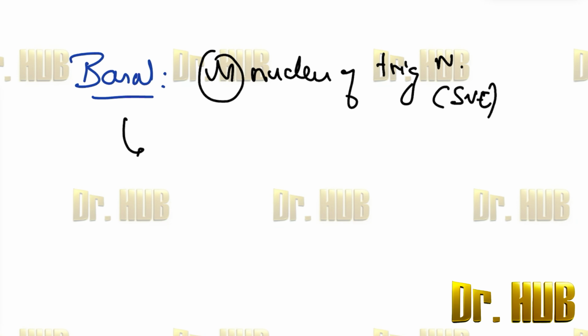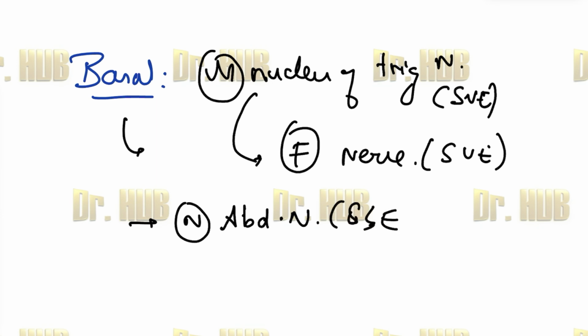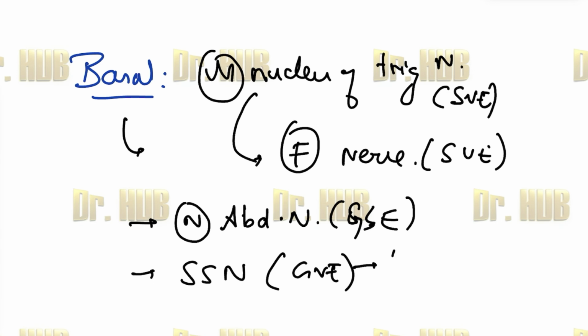Next, it also includes the motor nucleus of the facial nerve, the nucleus of abducent nerve, superior salivary nucleus, and also the lacrimatory nucleus.